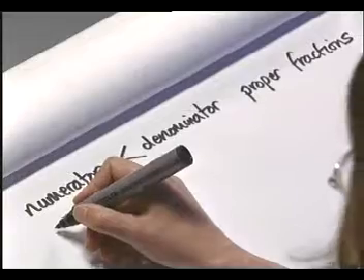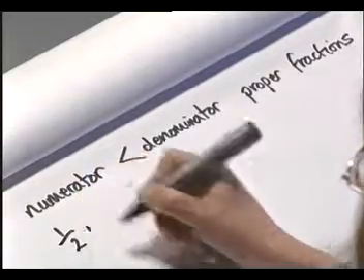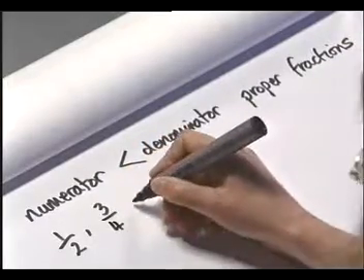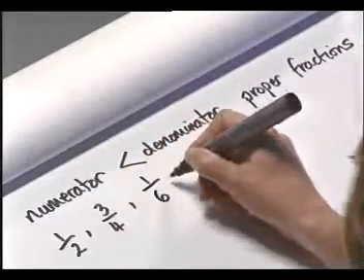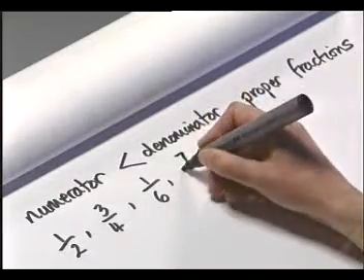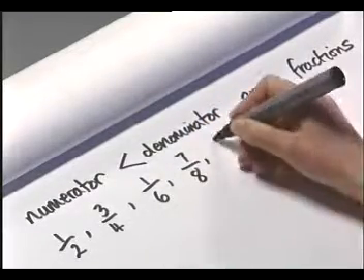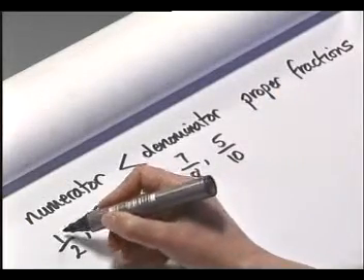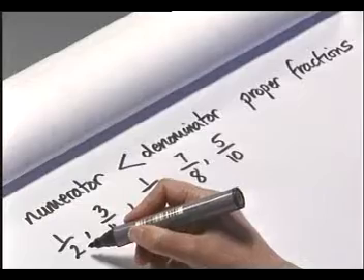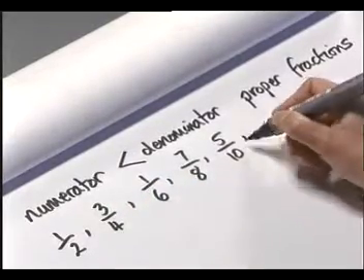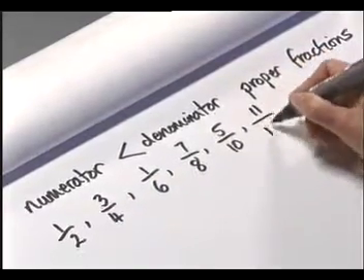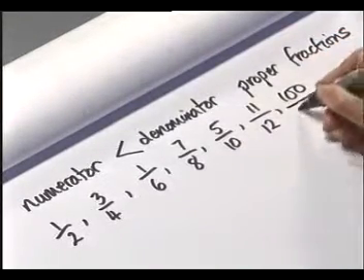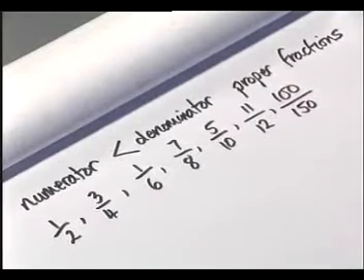And examples are a half, a 3/4, 1/6, 7/8, 5/10. You see, in all these cases, the numerator is a smaller number than the denominator. And as long as that is the case, then we have a proper fraction. So we can have any numbers, 100, 150ths, for example.